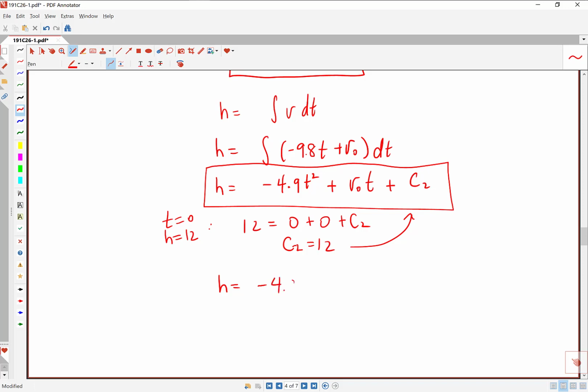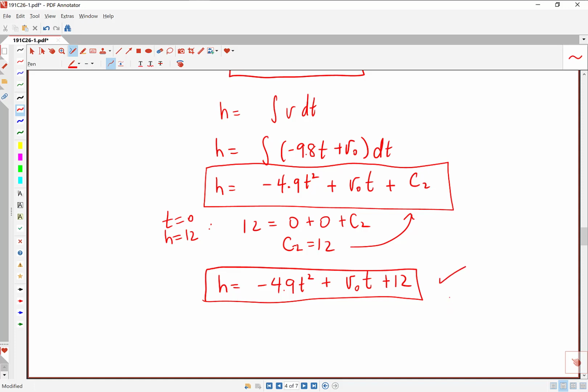So h is negative 4.9 t squared plus this mystery v0 times t plus 12. So this is actually half of our final answer. The problem was asking us to, first of all, find a formula for h. So we've done that. And then the second part of the problem was to find v0. So let's see what we can use to get that second piece of the answer.